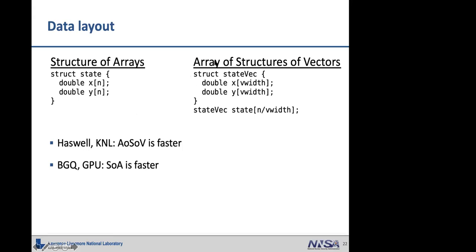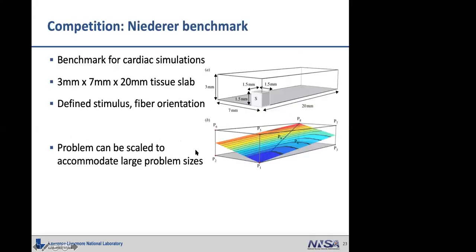Whereas with arrays of structures of variables, you store a vector width, say 4 for most Intel systems, and then your state is n divided by width, and you do operations on one vector width at a time. On CPUs, this one is much faster. On GPUs, the other is much faster, and the code has to be changed to correspond to that.